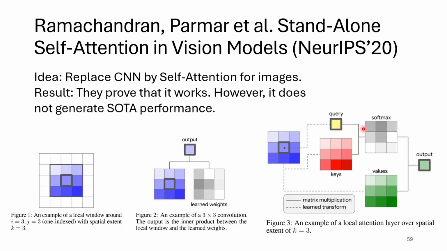Yes, it shows the attention mechanism can replace the convolutional neural network. However, they didn't show state-of-the-art results. They only show that, compared with some small-scale datasets and a small convolutional network, they can generate a better result, but this is not a strong result. So it doesn't attract a lot of attention.